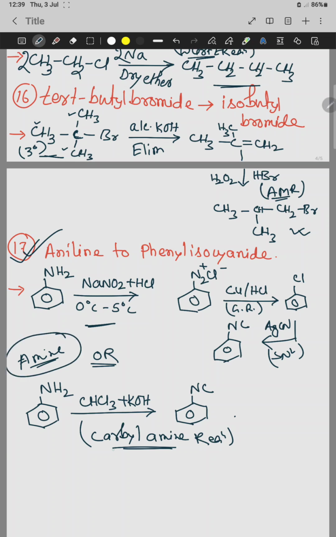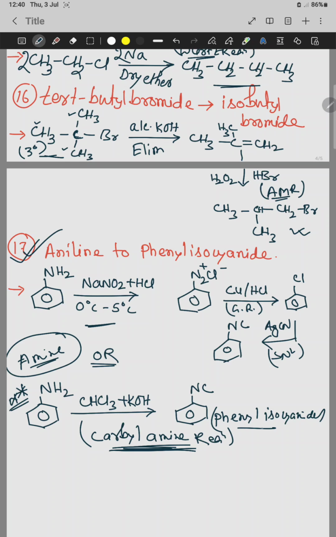In this chapter you will do this carbylamine reaction. This is also a very important reaction, and by using that reaction, in one step you can form that phenyl isocyanate compound. This one is called phenyl isocyanate.